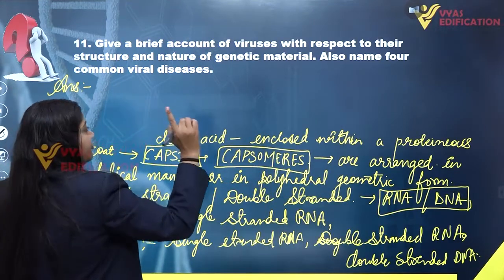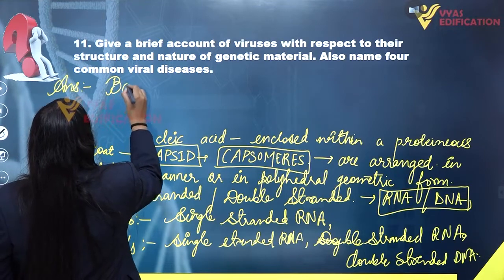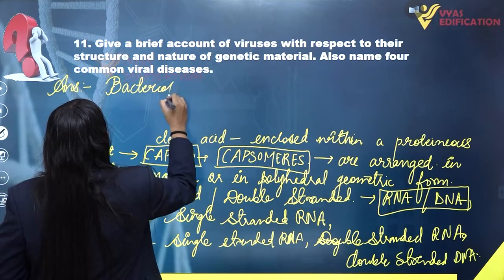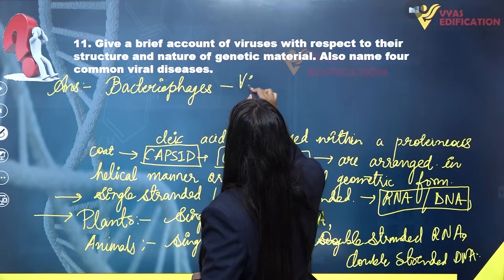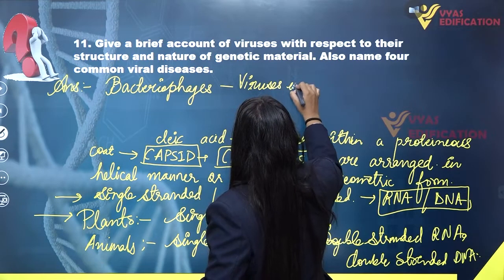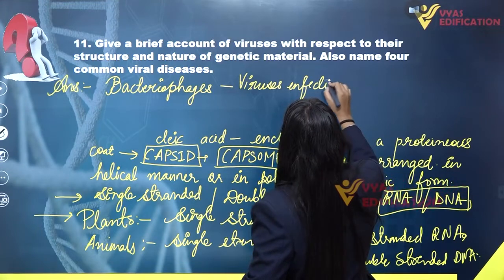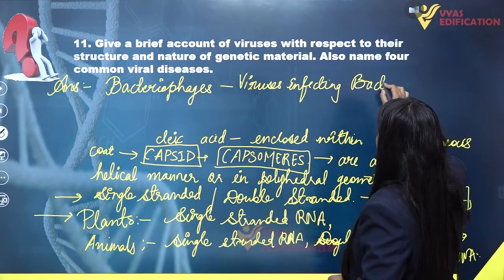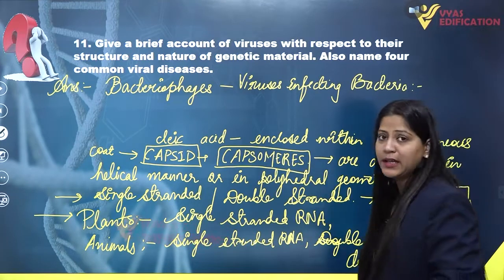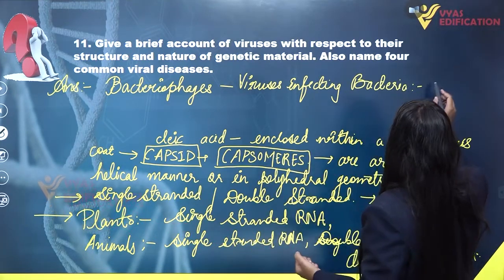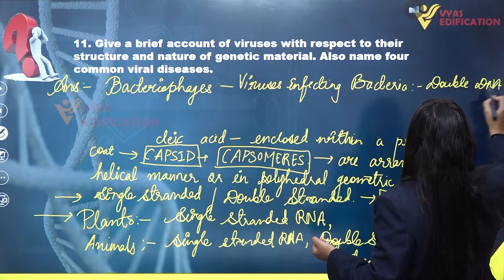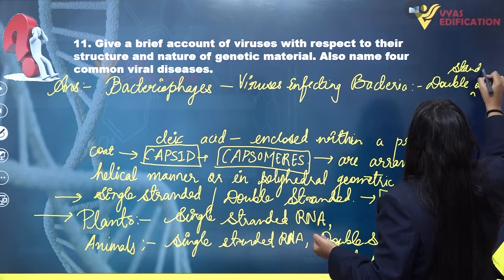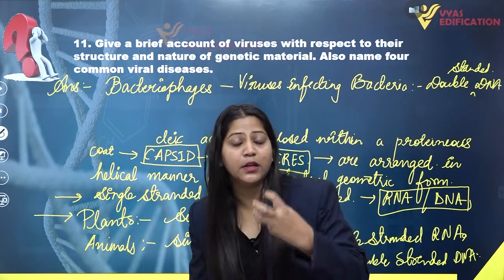So the type of viruses which can infect bacteria are known as bacteriophages. If we talk about the type of genetic material present in the bacteriophages, they mostly have double stranded DNA.